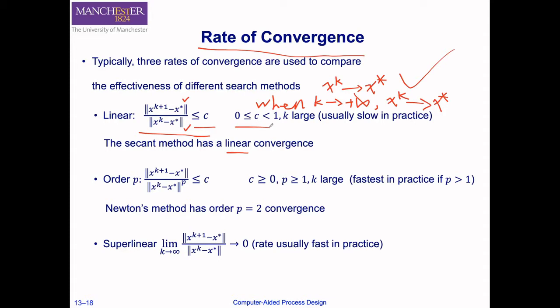From this condition, we can see the error at iteration k plus 1 is less than or equal to a constant c times the error at iteration k.